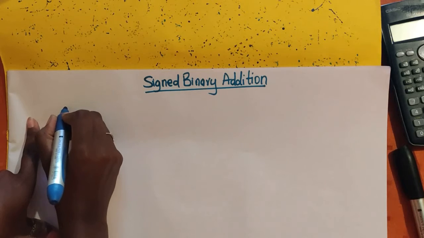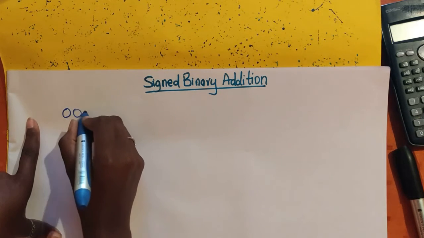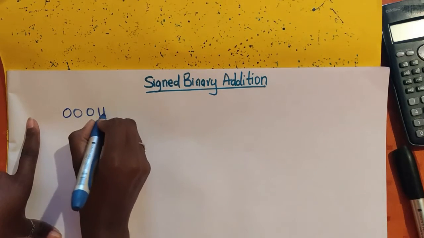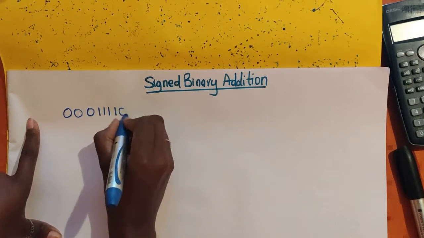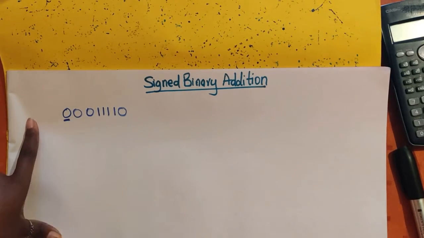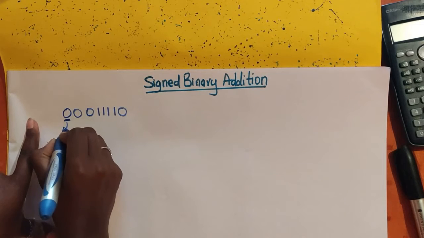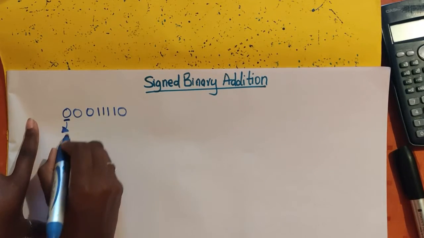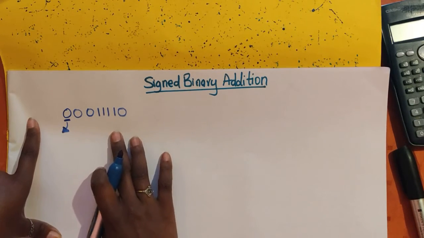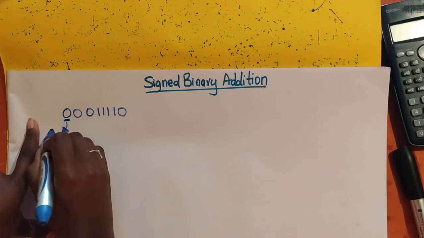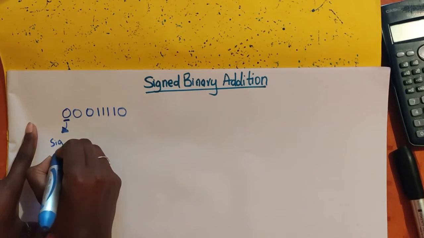So let's say this is 0 0 0 1 1 1 1 0. So this is the sign bit. When we've decided that this can have positive and negative numbers, then the first bit becomes the sign bit.